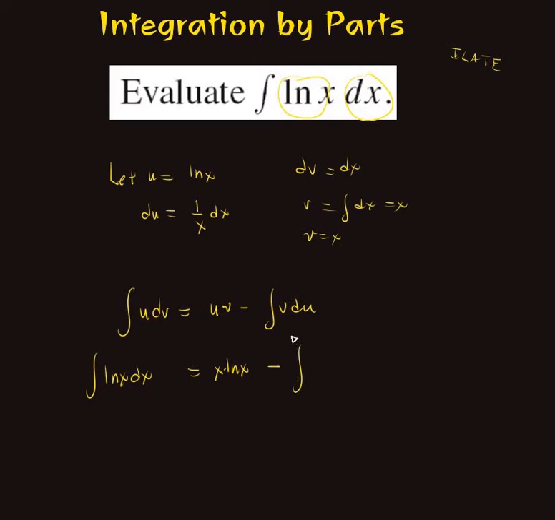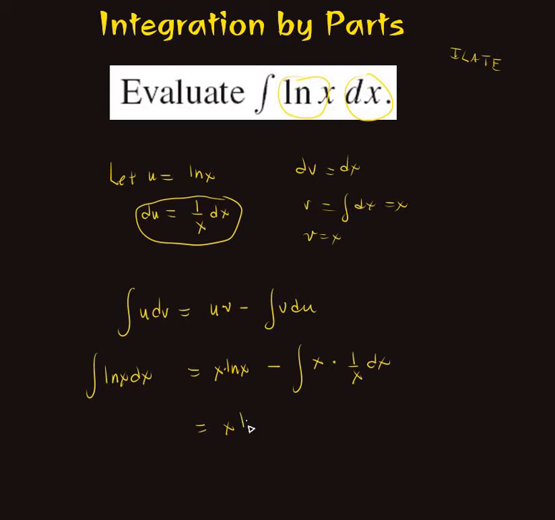Minus the integral, who is v again? v is x, and who is du? Here is the u, right? 1 over x dx, times 1 over x dx. And this is the beauty, because this x and x cancel. The only thing you have here is the integral of dx.